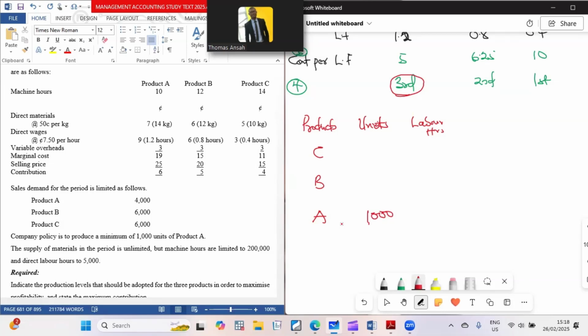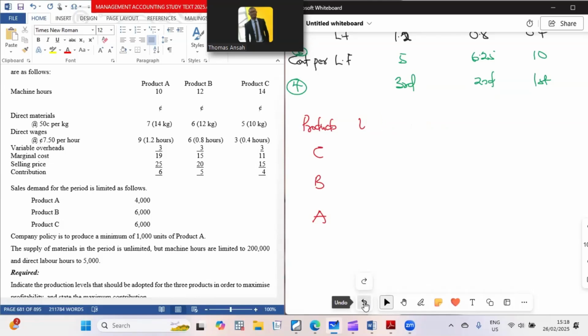So I think because of that, it will be prudent for us to rearrange the products again in terms of A, B, and C.